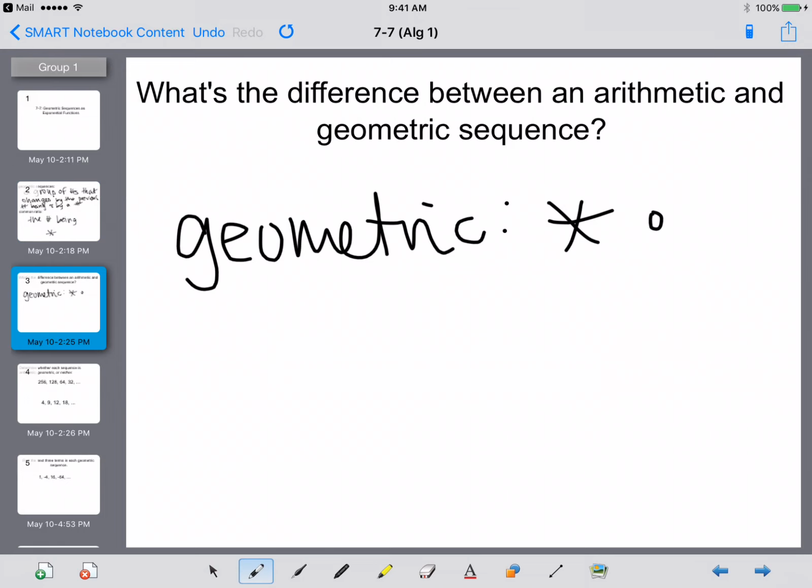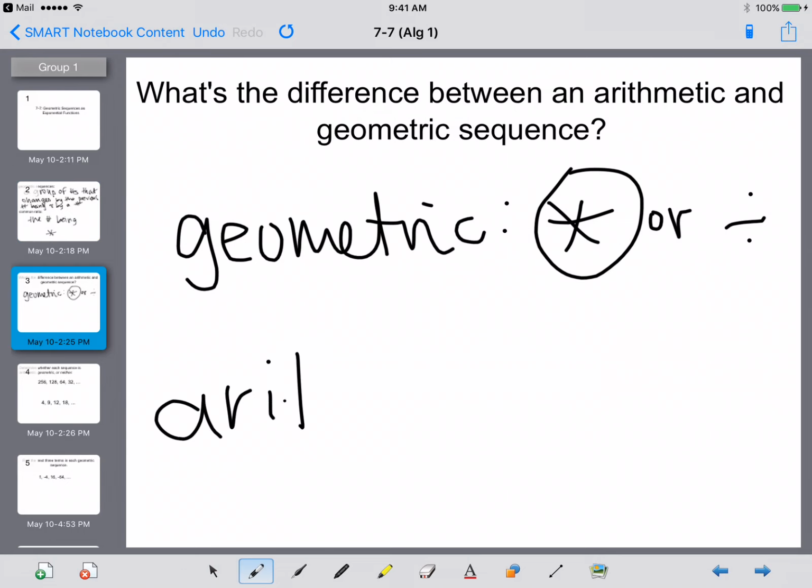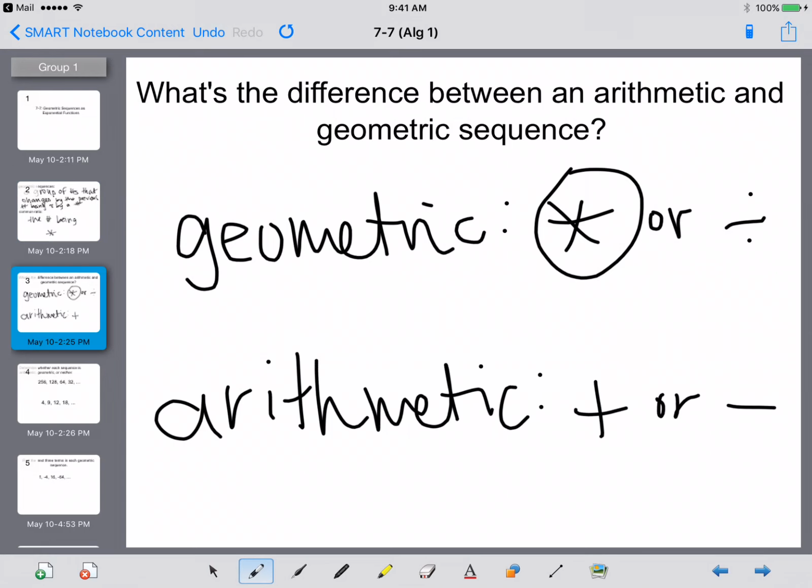So multiplying or dividing. But multiplying is kind of what you say. And then an arithmetic sequence would then be adding or subtracting. So if a number is being added by the same thing each time, it's arithmetic. If the numbers are being multiplied by the same thing each time, it's geometric.